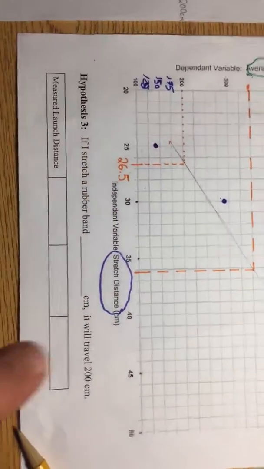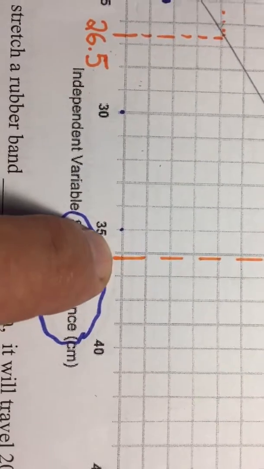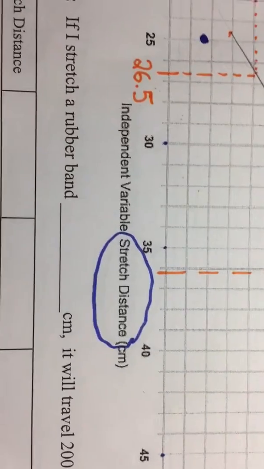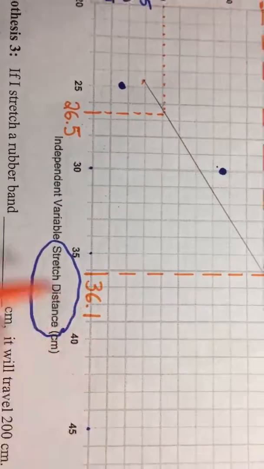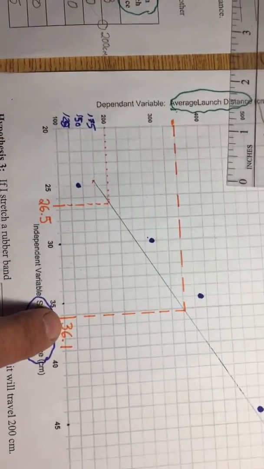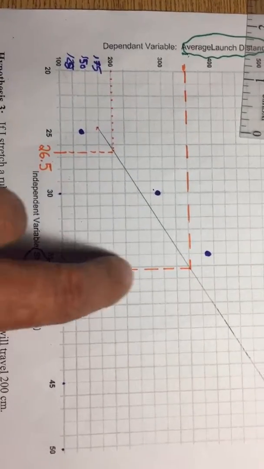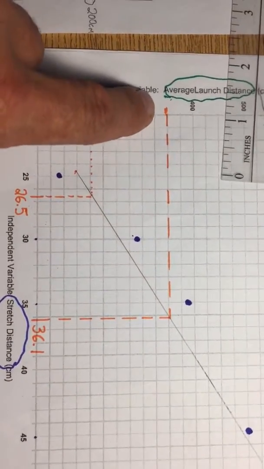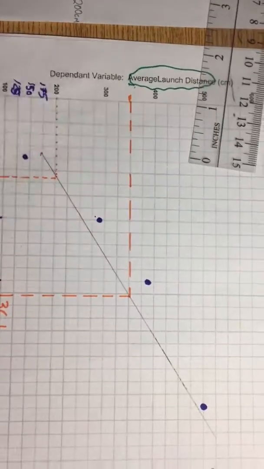And then let's go ahead and see what that would predict to be. So that's 35, 36, so it's a little bit over 36, so it's like 36.1 or something. And so if we were to pull the rubber band back from 36 to 36.1 centimeters, we would expect, based on our data, that it would go 350 centimeters on average.